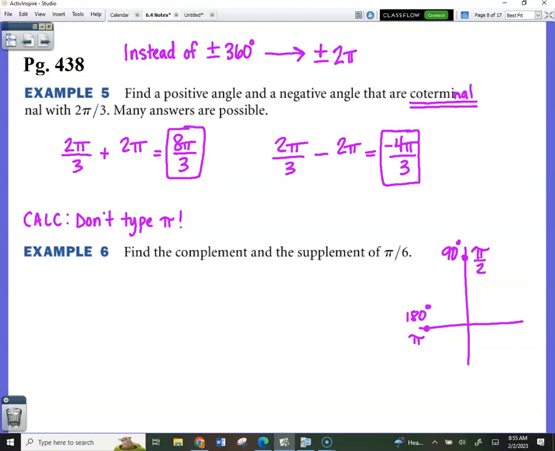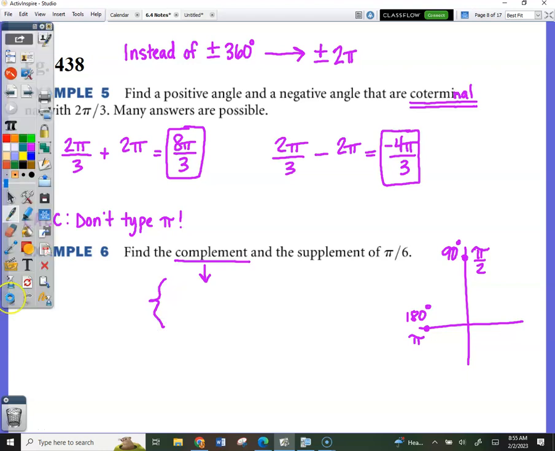Okay, so if we are finding the complement, let's take some notes. In degrees, that means they add to 90, right? But in radians, they have to add to what? Pi over 2.